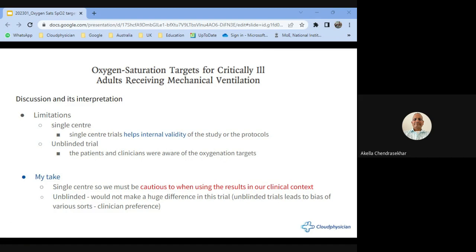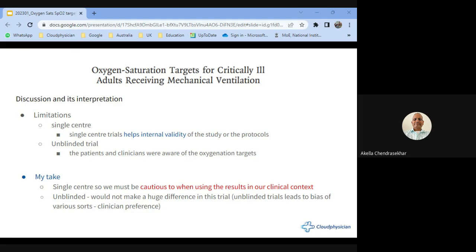So what does that mean to me? To be frank, I'm going to continue to do what I would recommend, which is target about 94%. I'm still not comfortable with the 88%, no more than I was before I read this paper.